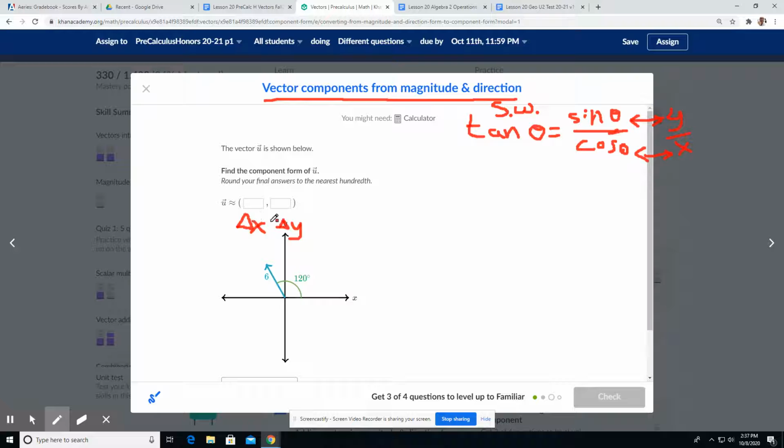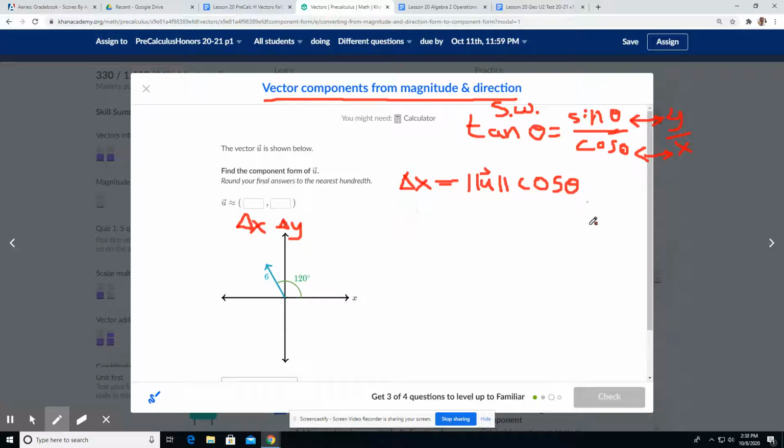So the change in x is going to be equal to the magnitude of whatever vector we have. In this case, it's vector u, times the x component, which is cosine, and then whatever angle they gave us, theta.